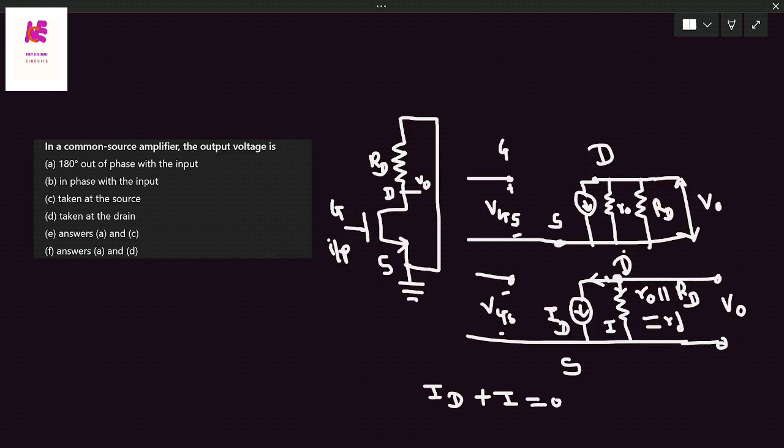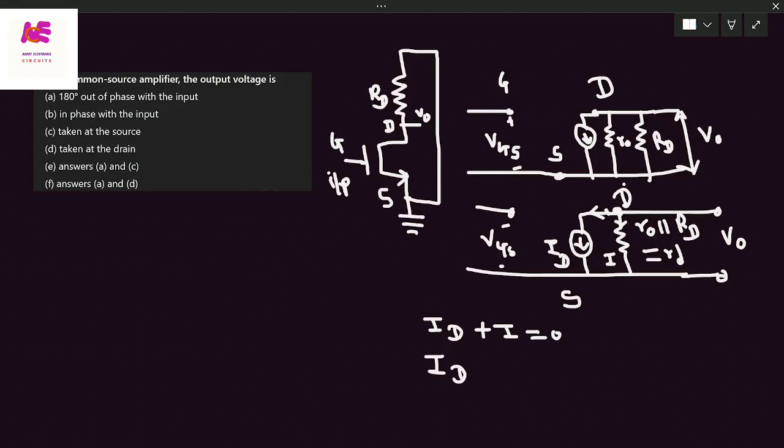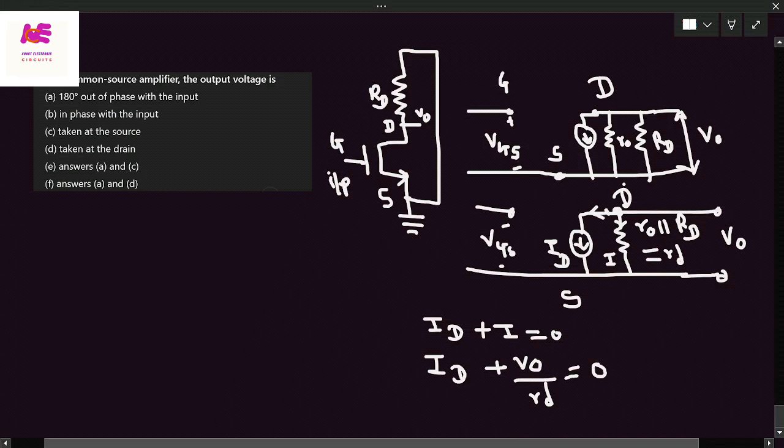But here we are getting currents which are all leaving from the node, and we are taking the summation equal to 0 as per the KCL rule. Now this is ID. We can put the value of I, which is nothing but V0 by small rd. We know that rd is the parallel combination of R0 and capital RD. This is equal to 0.